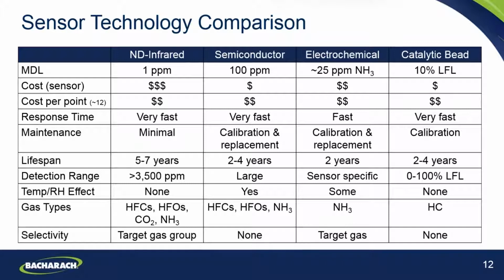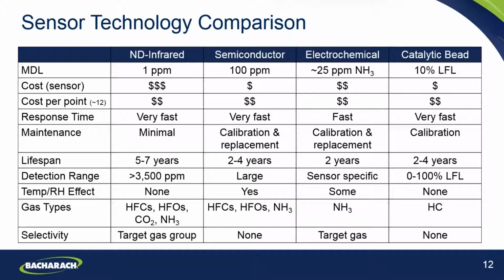The detection ranges are again very applicable to the applications. The infrared sensors, you're typically going to get a detection range upwards of 3,500 parts per million, sometimes up to 10,000 parts per million, which is very sufficient for looking for refrigerant leaks, because of course we're trying to detect these before they become a problem. Semiconductor sensors also have a large detection range.